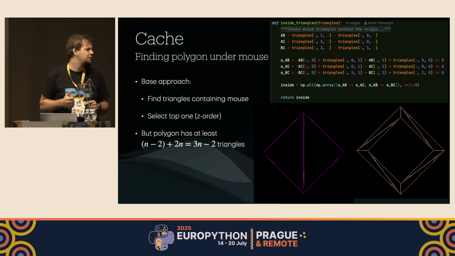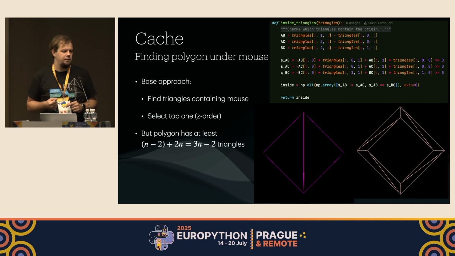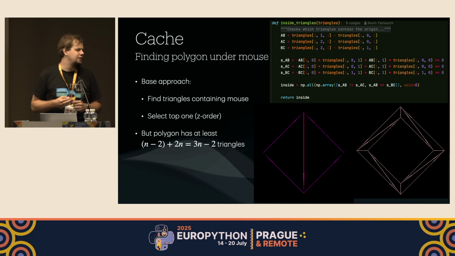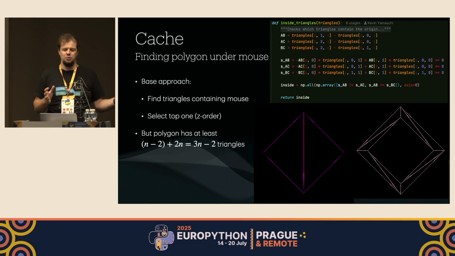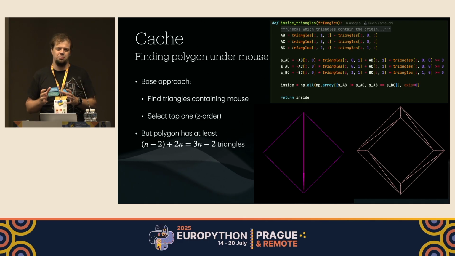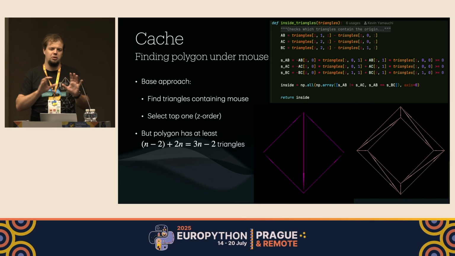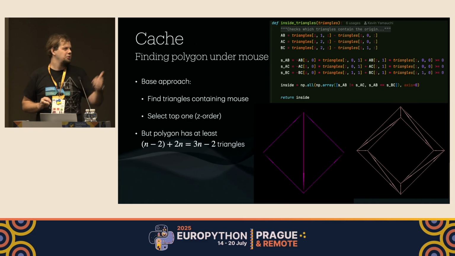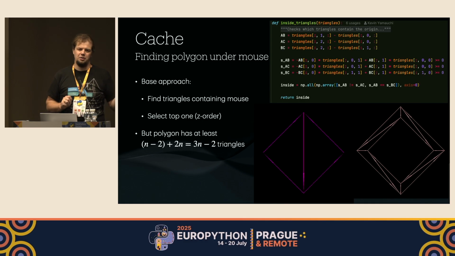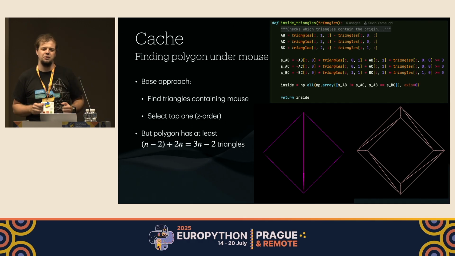It's really fast. But we have at least 3n minus 2 triangles for each polygon. So you see, for a nice convex polygon of size 10, we have 30 triangles. So even with such an algorithm, it was slower. It was slower because we have too many things to check.